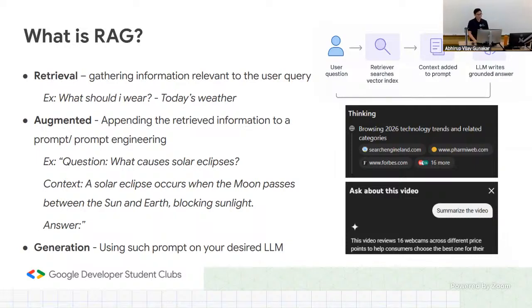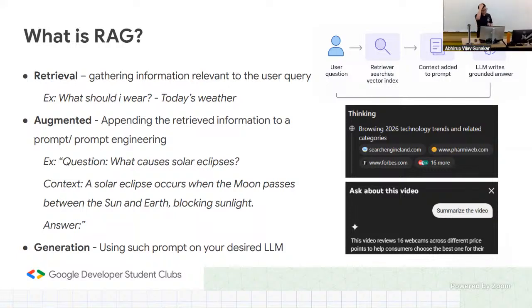It wouldn't know from its memory what temperature it is today. So it needs to pull that information from somewhere else, either by you providing it or it searching the internet itself. In an ideal world, it would search up today's weather, see what temperature it is, how humid it is, and just recommend what you should wear.